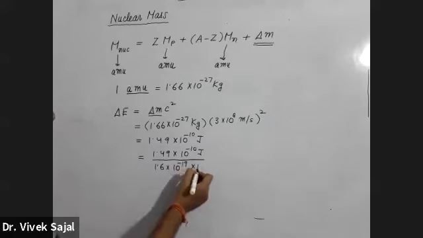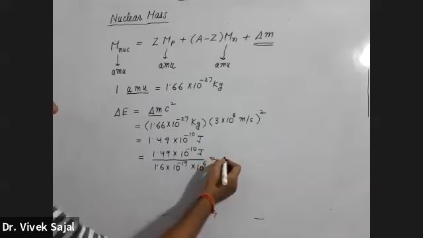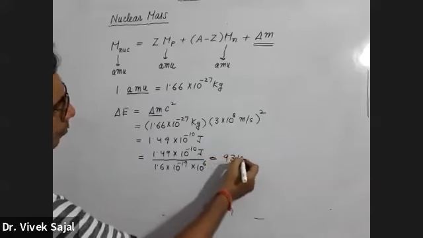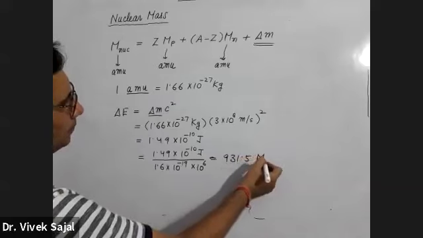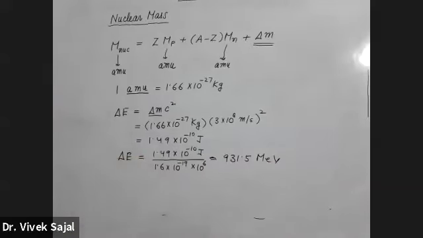And further, if I divide this by 10 power 6, then this will be nearly equal to 931.5 MeV. So 1 AMU is always equivalent to 931.5 MeV.